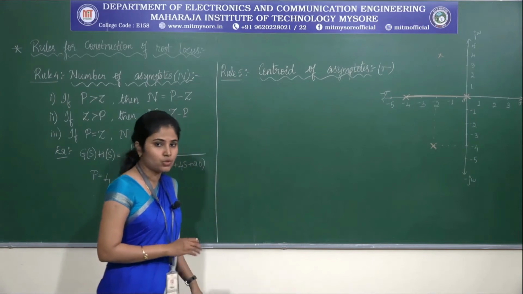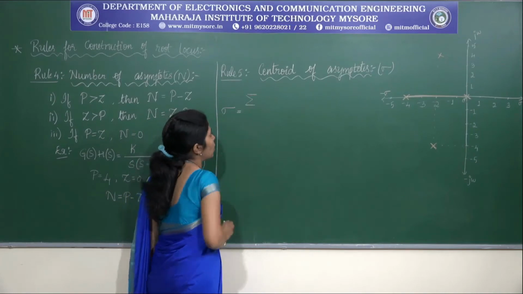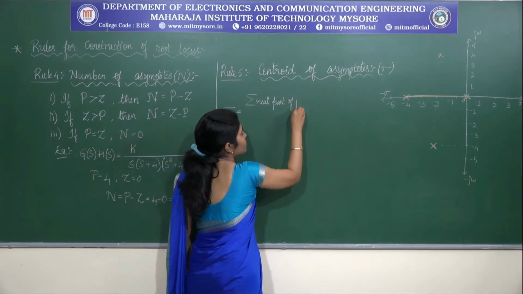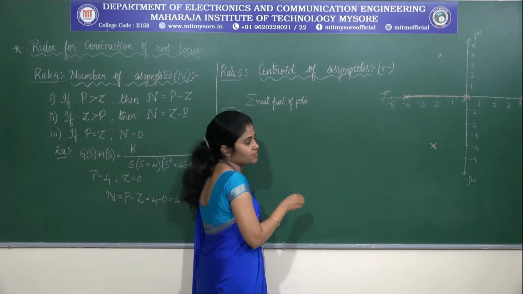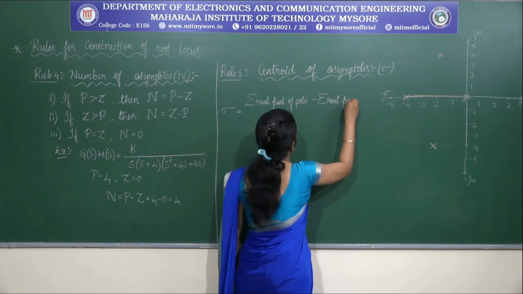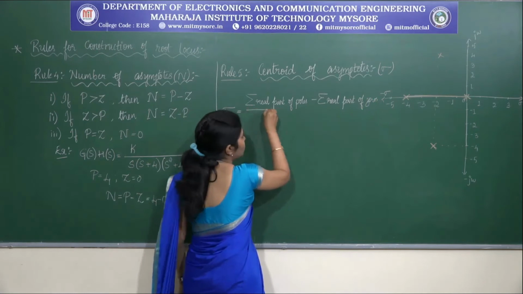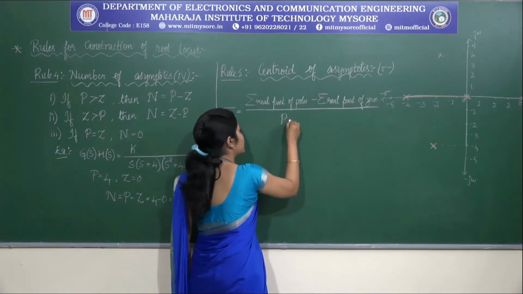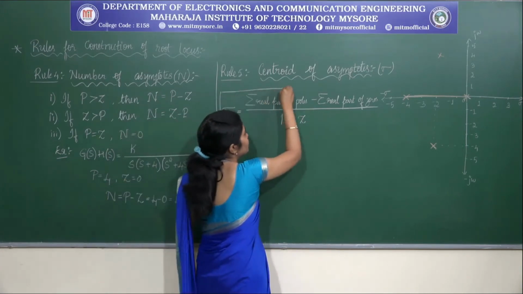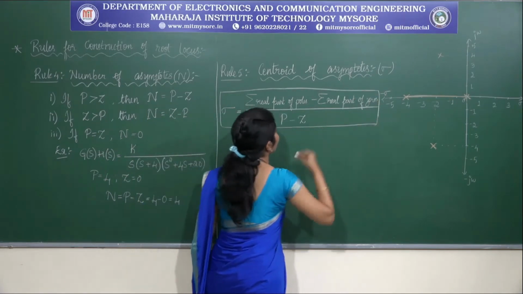In order to do so, the formula is sigma equal to the summation of real part of poles in the given transfer function minus the summation of real part of zeros, the whole divided by P minus Z. This is the standard formula which we are going to use to find the centroid of asymptotes.